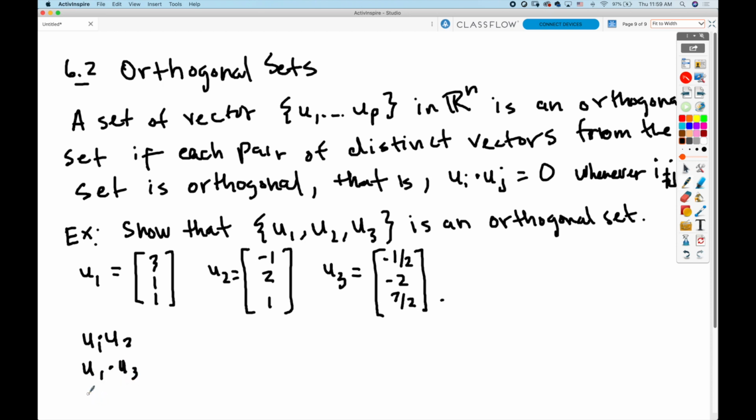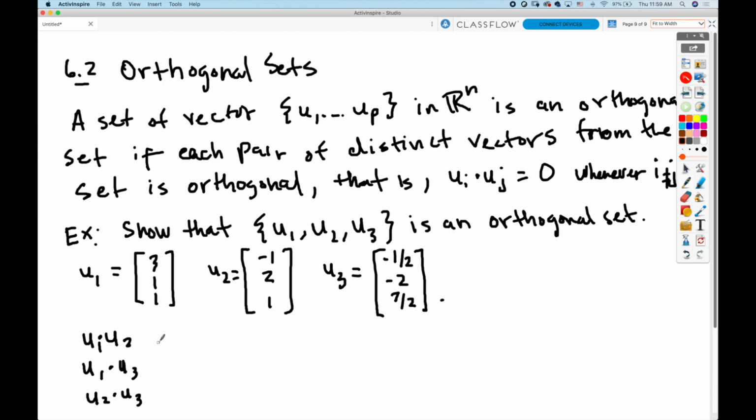And now I can do u2 and u3 together. So those are all of my possibilities. For each pair, I need to make sure the dot product is equal to 0. That's how we show that the entire set is orthogonal: each pair in the set is orthogonal.